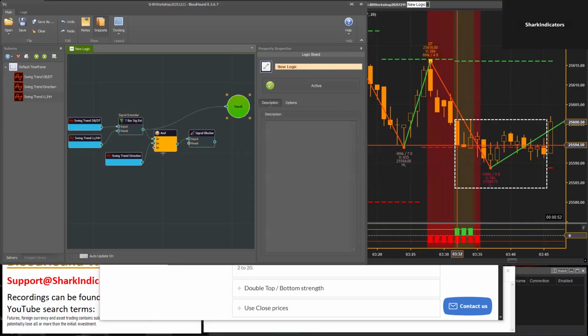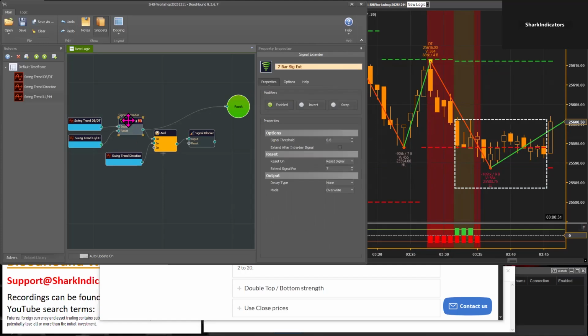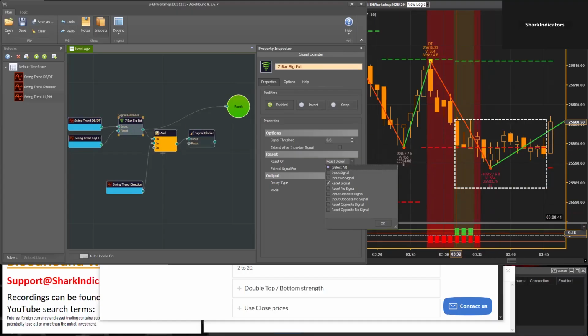Now let's get back to this situation here, where a double top was detected as this double bottom occurred. I think all we need to do is figure out how to disable the signal extender. I think we can disable the signal extender by the input, because the input is what's generating those long outputs there.